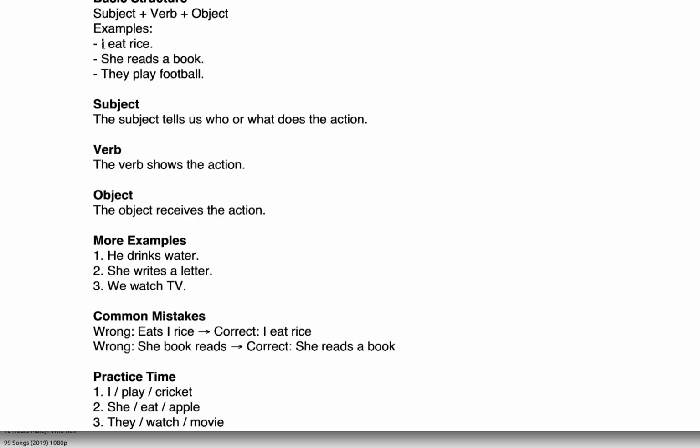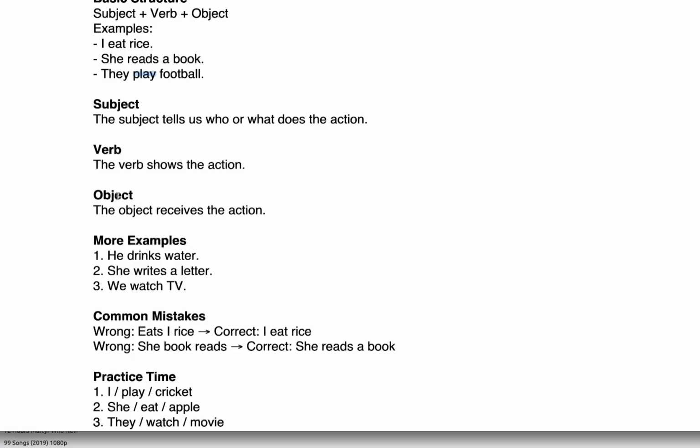So "I," the subject, tells who or what does the action. And the verb shows what the subject does. This is the action. Here "eat," and then "she reads," and "they play." Those are actions.